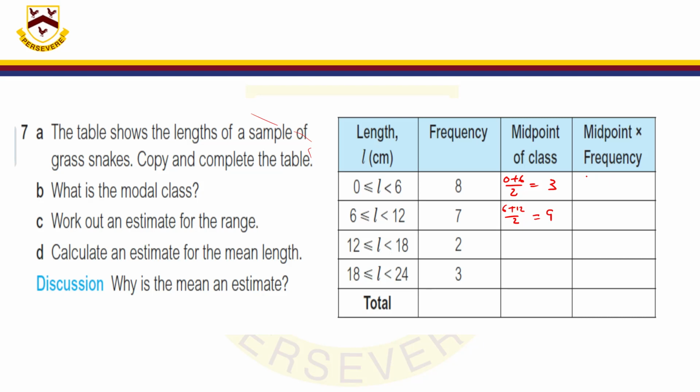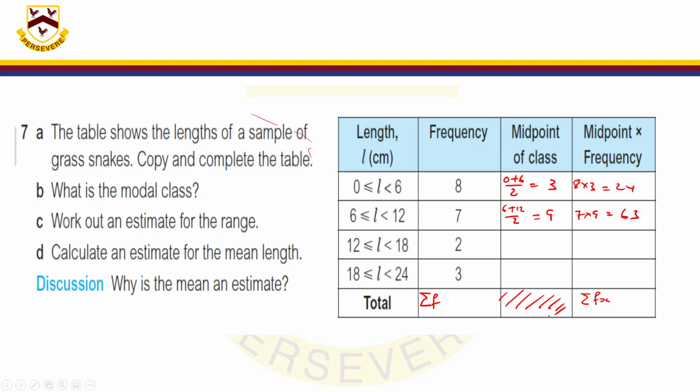And then midpoint times frequency, you're going to do 3 times 8, and you're going to do 7 times 9 equals 63. I've done half of it for you. And then you find the sum of the frequency and the sum of the midpoint and frequency. You do not find anything in here.